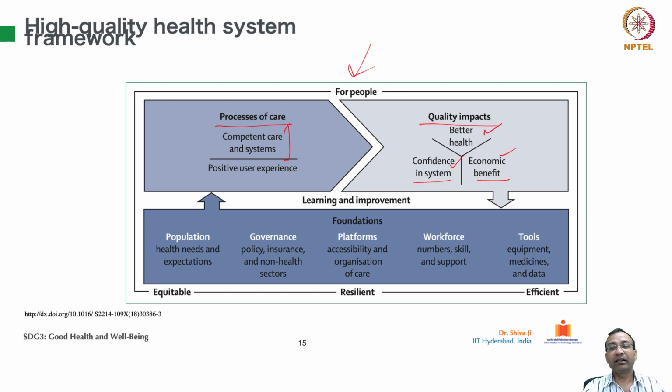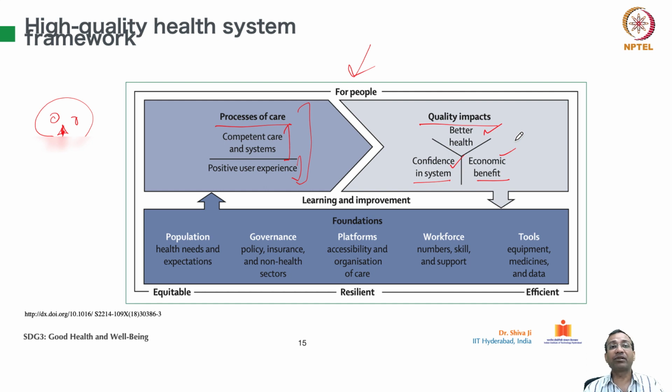Competent healthcare systems, positive user experience. Like we saw during COVID-19, sometimes our health system was working very nicely, but when the number of cases went very high, that became catastrophic, and the health system was on the brink of collapse.